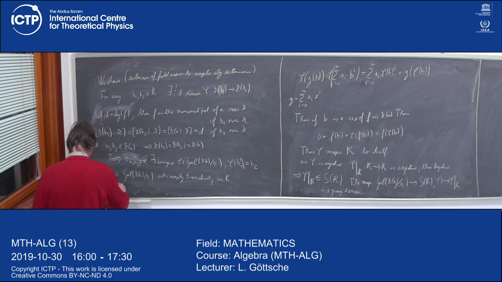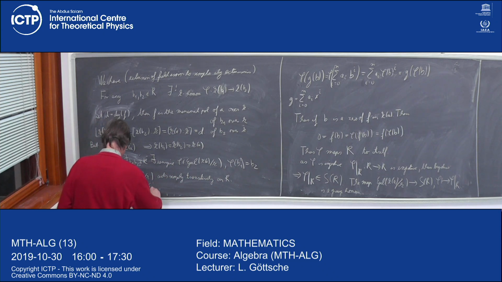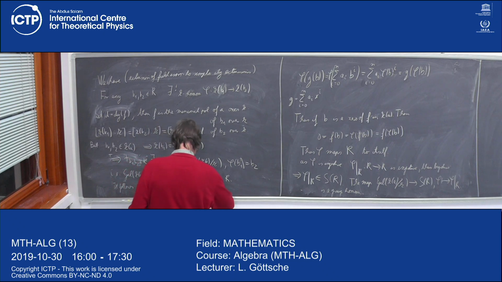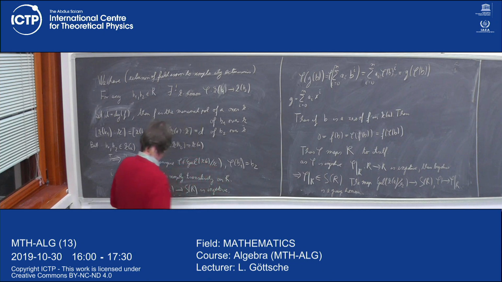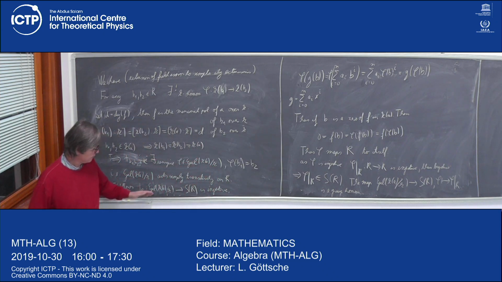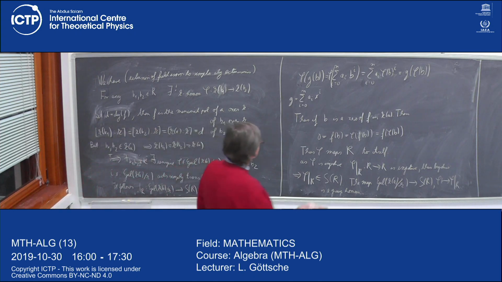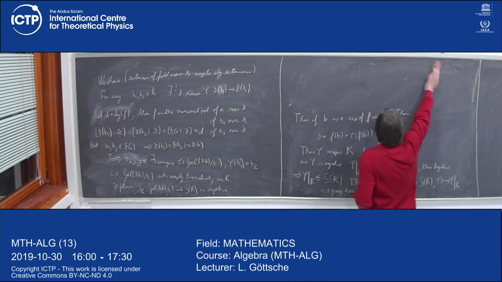So it follows that the restriction to R from the Galois group of K(a) over K to S(R) is injective. So therefore the Galois group is isomorphic to its image, which is a subgroup.